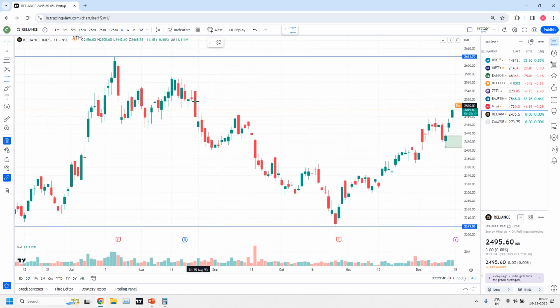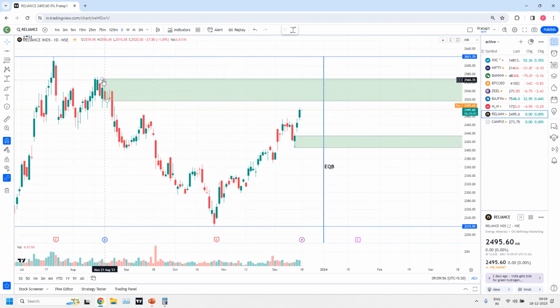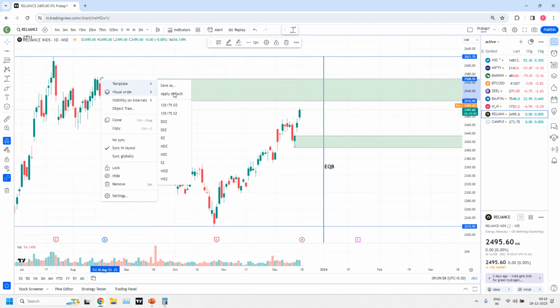So let me draw the zone like this. But the color you have to give is daily supply zone color, because this is a supply zone. So I am giving DSZ color, daily supply zone.